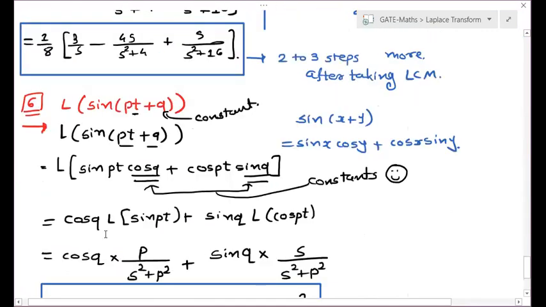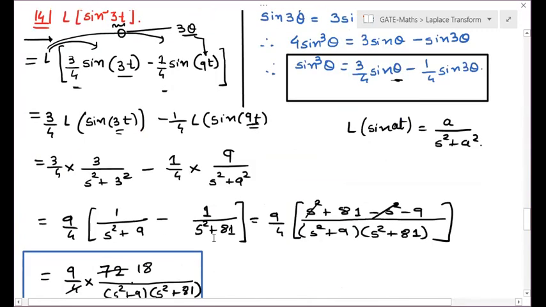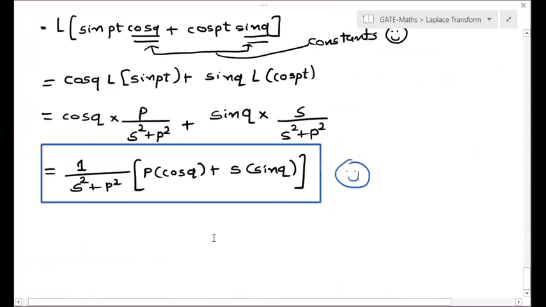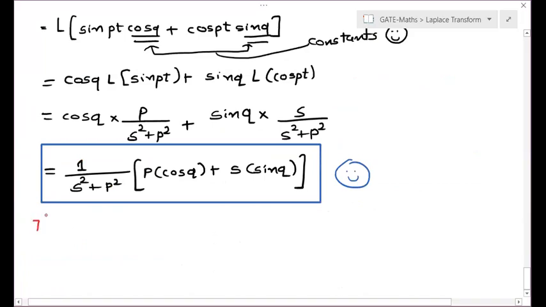Okay. Question number 7: Laplace of sinh t sin t. For this also you require one formula.